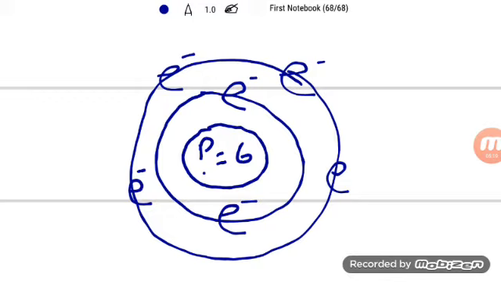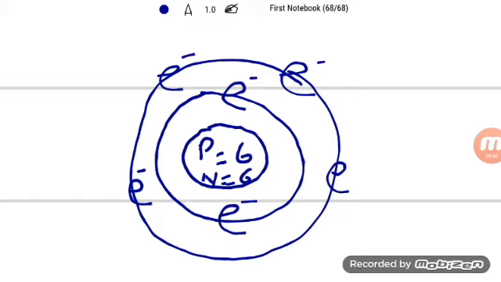Now how many neutrons are there? It is also 6. But students, it is not necessary that the number of protons and neutrons will be the same. In this example of carbon, it is by chance that the number of neutrons and protons are the same, but it is not a rule.